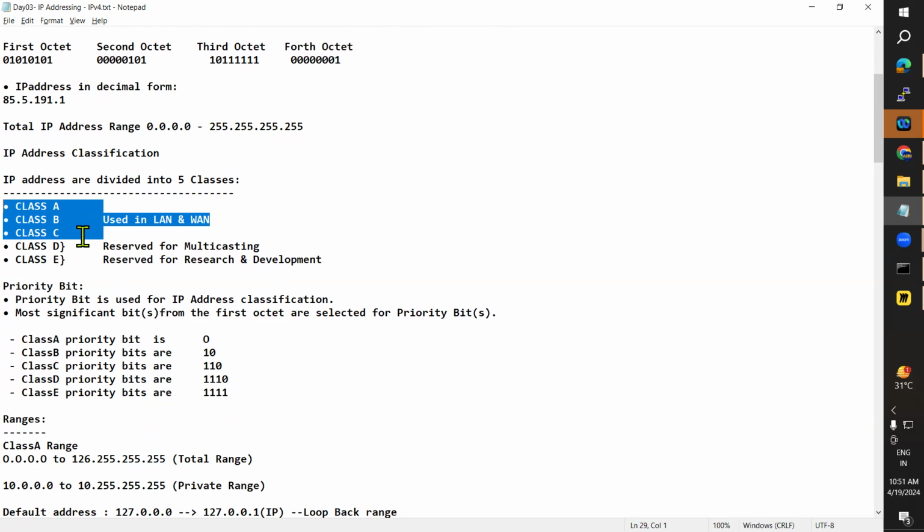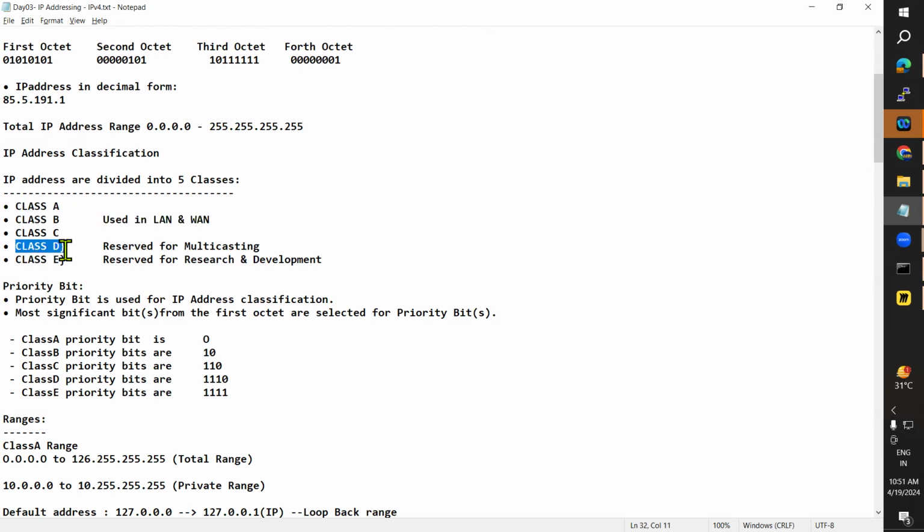Wherever you go and see the IP address in any organization, they use either class A or class B or class C.